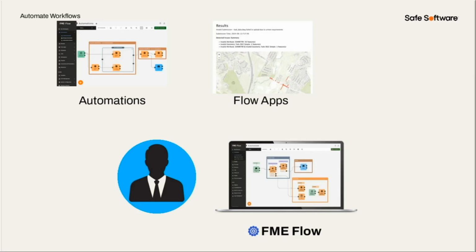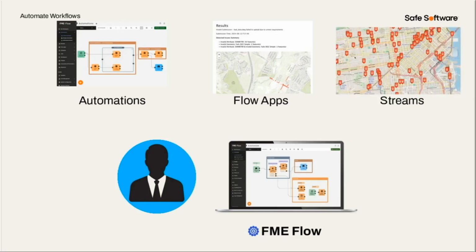You can customize these applications so that no one has to know that it's really running on FME Flow. You can add your own logos and your own imagery to these applications as well. Finally, if Dan was using something like an IoT stream, he could also automate this on FME Flow, so it's continuously processing his data.